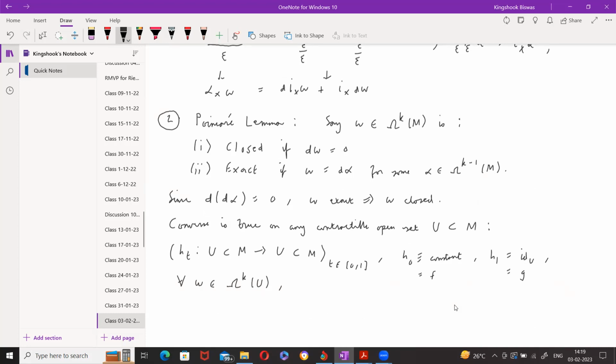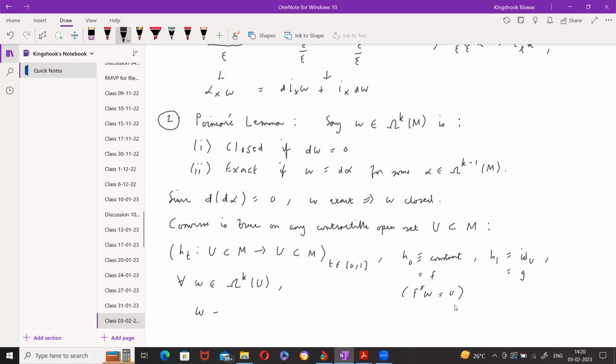So G star omega is just omega. Okay. And since F is a constant, that means that F star omega is going to be 0, right? Because remember, F star omega acting on tangent vectors V1 to Vk is given by omega acting on dF of V1 up to dF of Vk. So if F is constant, then the derivative dF is 0. So F star omega will be 0, right?